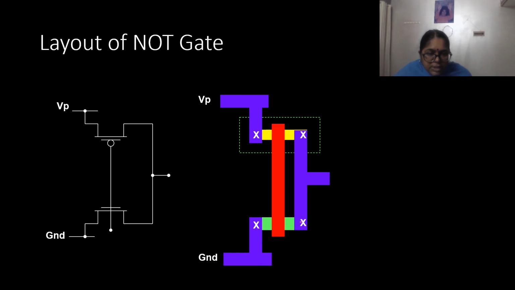The source of PMOS is connected to VDD here, source of NMOS connected to ground. So what you have to understand is that whenever N diffusion and poly cut each other, if one side is marked as the drain, then other side will be marked as the source.